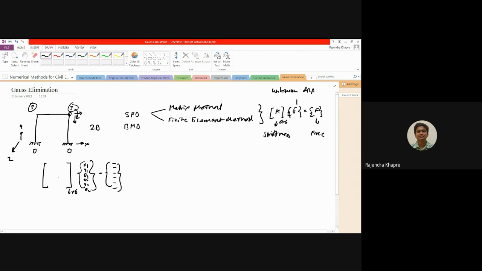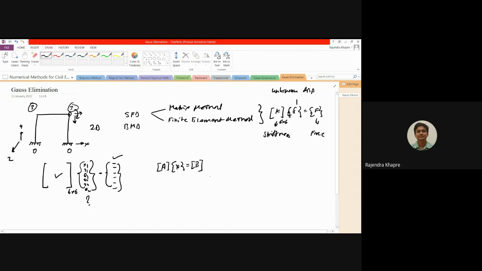This part will be known, this part will be known, but this part is unknown. So this is a typical system of linear equations, which in mathematics we can write in the form A x equals b. This is exactly the same form.